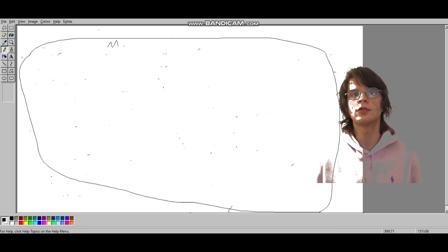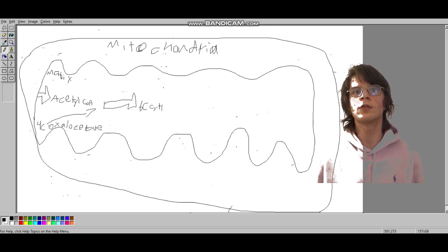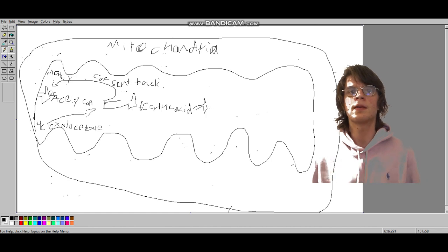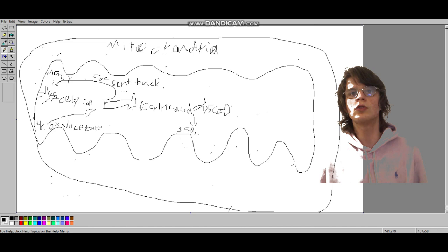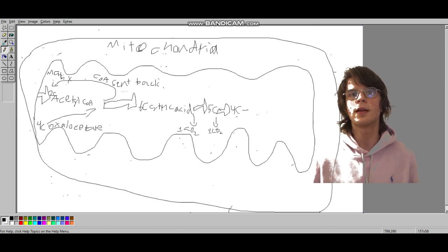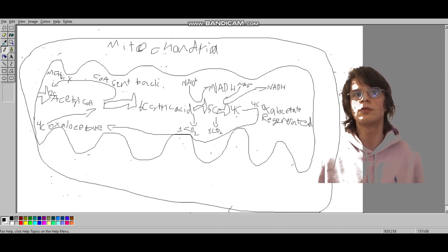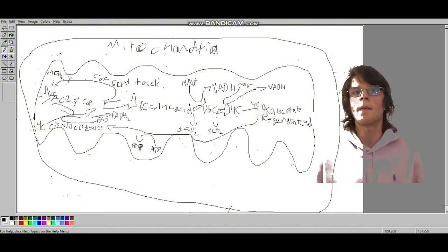So, that acetyl group that I just mentioned adds to a 4-carbon oxaloacetate in order to make 6-carbon citric acid, with the coenzyme A being sent back. Next is the decarboxylation, where 2 CO2 are removed one at a time. After this, more oxidation happens and NAD+ and FAD are reduced to NADH and FADH2.